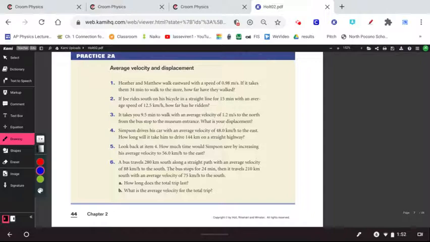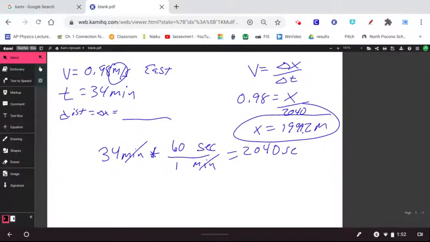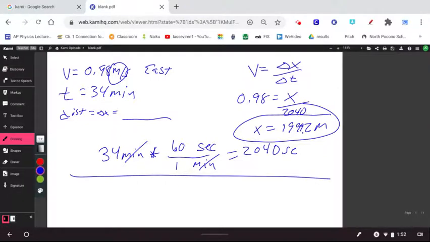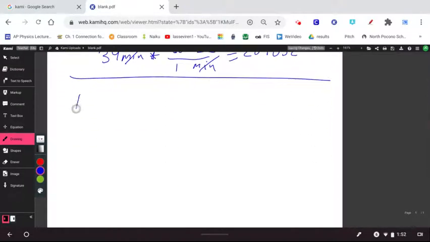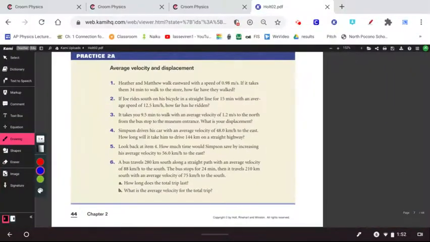So step one, we know that time is equal to 15 minutes. We know that the speed that he is traveling is 12.5 kilometers per hour.